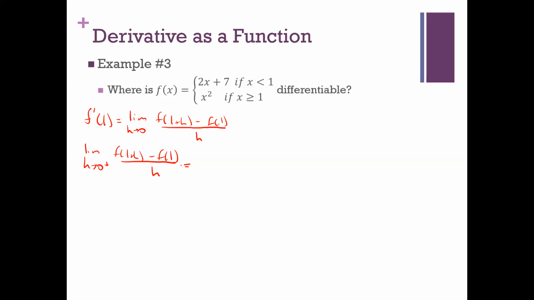Because f of 1 plus h, so x is bigger than 1, which falls into the bottom branch. So this becomes 1 plus h squared minus f of 1, which, what is f of 1? 1 squared, 1.